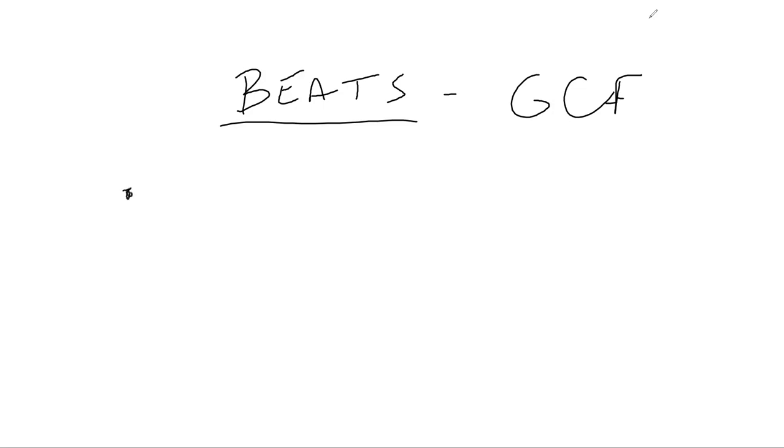If this is sound source 1 and this is sound source 2, okay? I'll use a different color here. So let's say that each one of these lines that I'm drawing is a compression, okay?